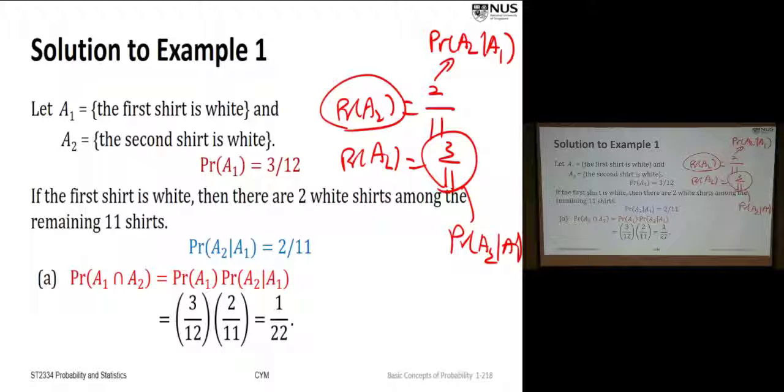Now, what is the probability of A2? So, I see A2 here. I also see A2 here. One is conditional on A1, the other is conditional on A1 complement. Can I just add these 2 probabilities together to get the probability of A2?